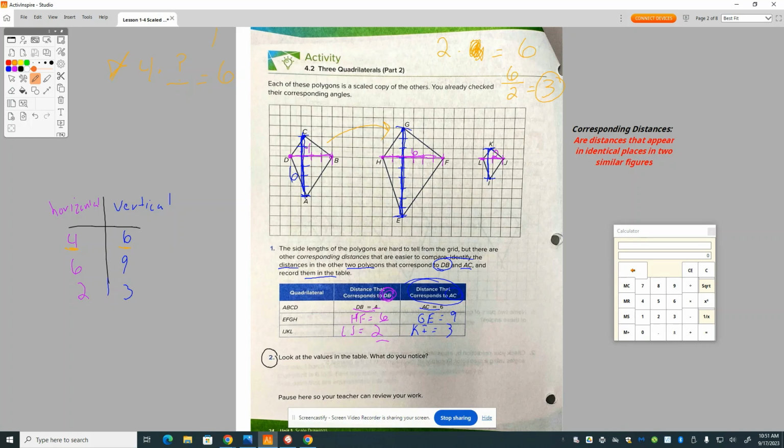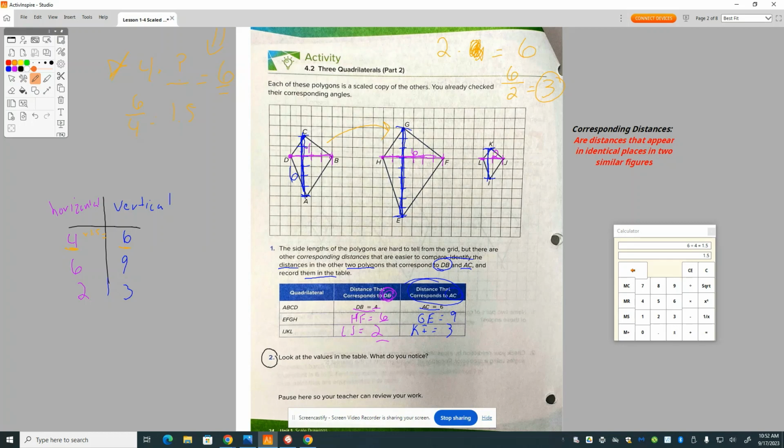So doing the same thing over here, I'm going to take my value of 6 and divide it by 4. Now, I'm not quite sure what 6 divided by 4 is, so I'm going to use my calculator over here. I notice I end up with 1.5. So, I know that 4 times 1.5 equals my 6.